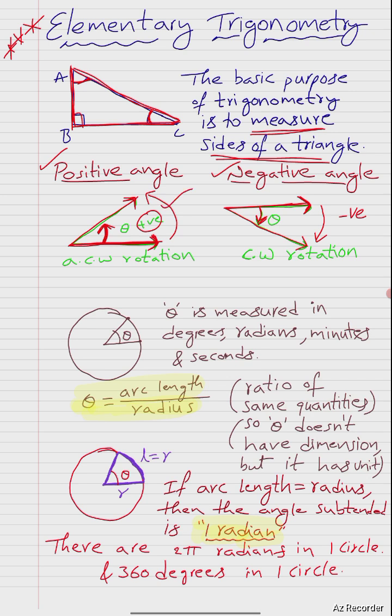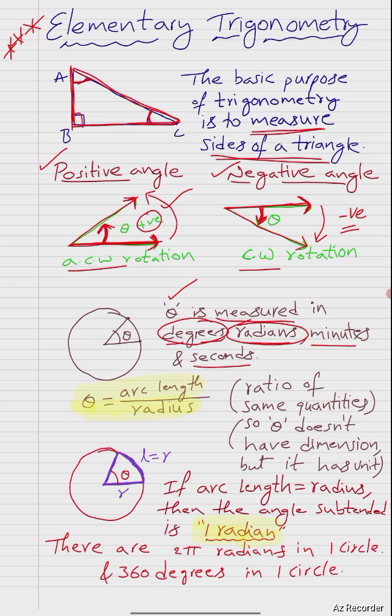The angle which is subtended in clockwise fashion is negative. Remember these two points. Now, since theta is a physical quantity which can be measured, it should have some units, right? So theta is measured in several units, namely degrees, radians, minutes, and seconds. Degrees and radians are the units which we frequently use for measuring theta.